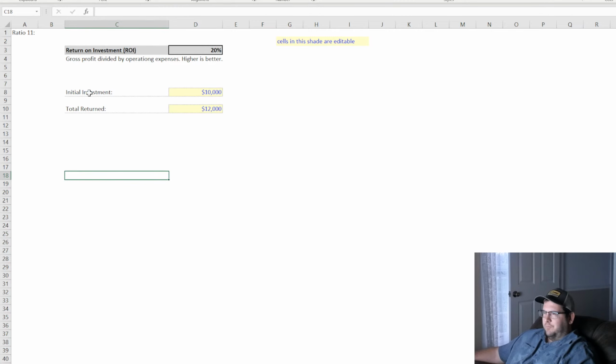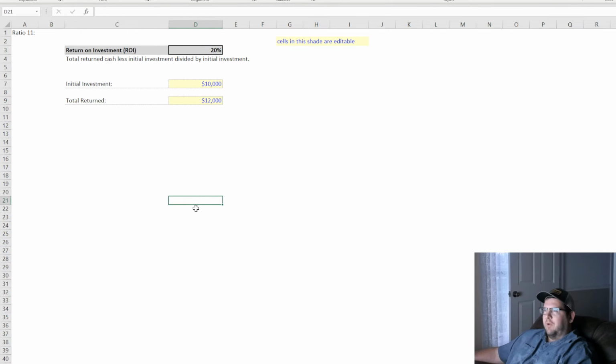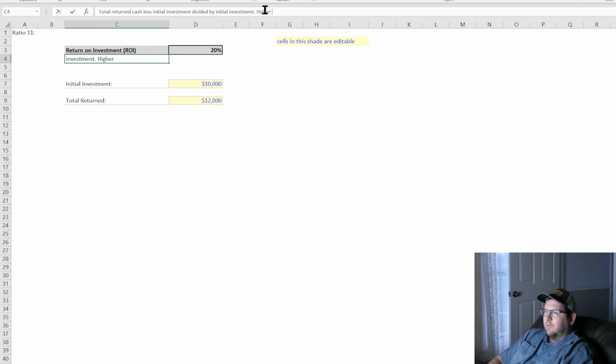That's not an operating ratio, but total return cash less initial investment divided by initial investment. And equity multiple in this case would just be 1.2, or 20%, that number minus 1. Higher is better.